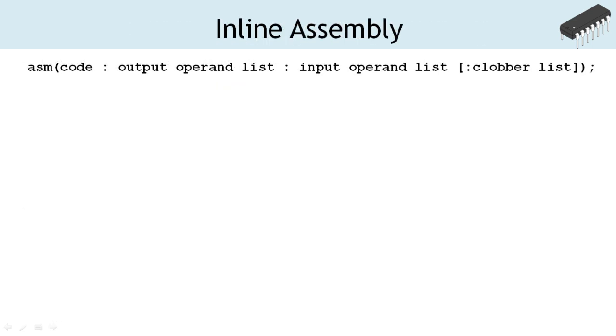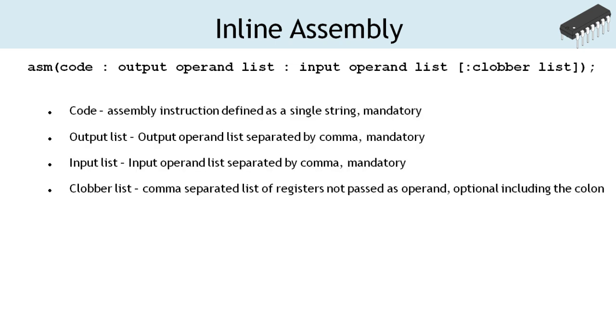The statement shows the syntax of inline assembly code. The assembly instruction with input and output operands and clobber list is enclosed in parentheses preceded by the keyword asm. The instruction inside the parentheses has 4 parts separated by colons. The first part is the assembly instruction defined as a single string.